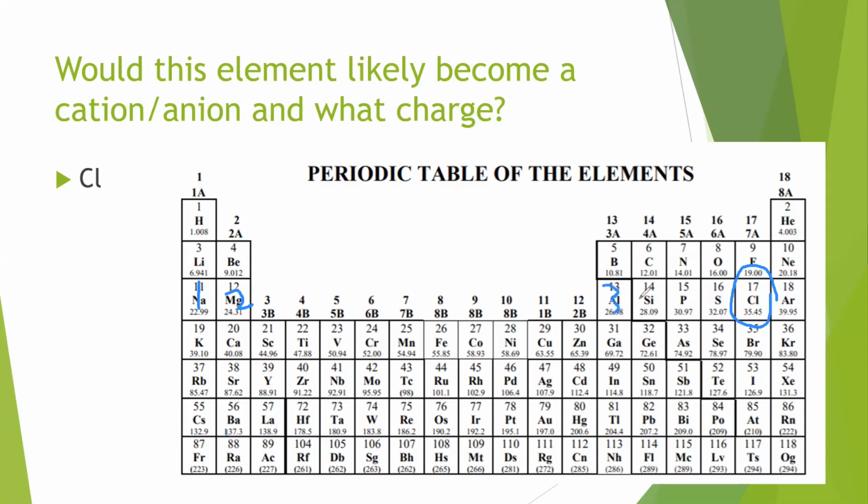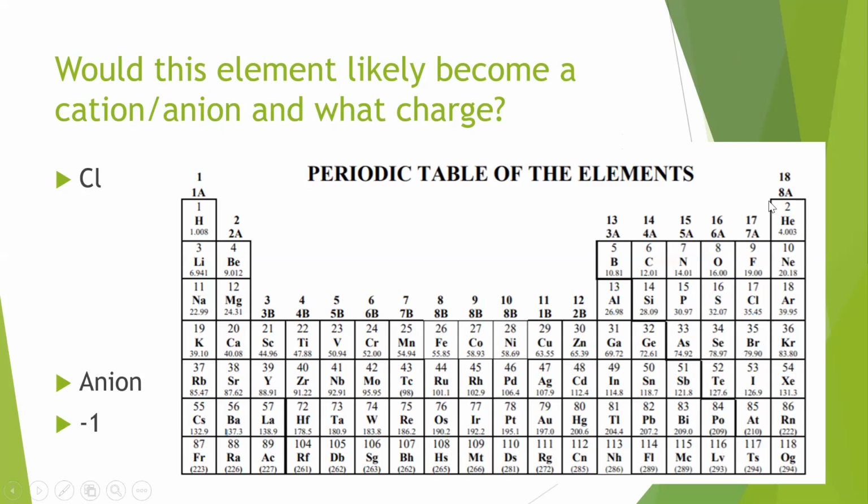This is 3, 4, 5, 6, 7, 8. Since they want 8 electrons in the outermost shell, it's going to have a -1 since it's going to gain 1 electron. Because you want to have a full shell, so it's going to be -1, and it's going to be an anion. So good job. It's an anion, and it's going to be a -1 charge.